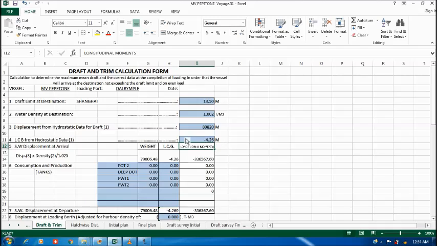Now, how do we get this displacement of 80,820 tons and LCB of negative 4.26?